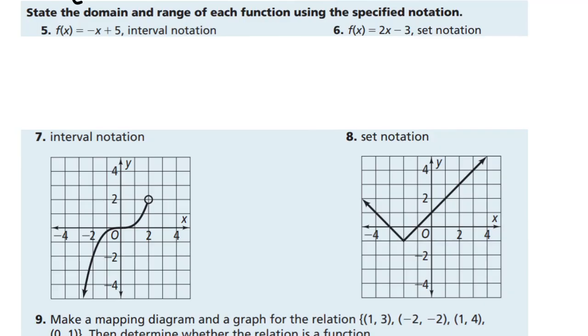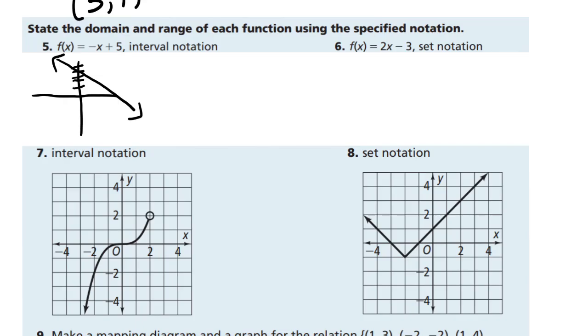State the domain and the range of the function using specified notation. So what I'm going to do is use a graphing calculator to graph f of x equals -x plus 5. And you know it's linear. You notice that the graph is decreasing and you have arrows on either side. So let me tell you what the domain is. The domain will be from the lowest x value, which is -infinity, to +infinity.